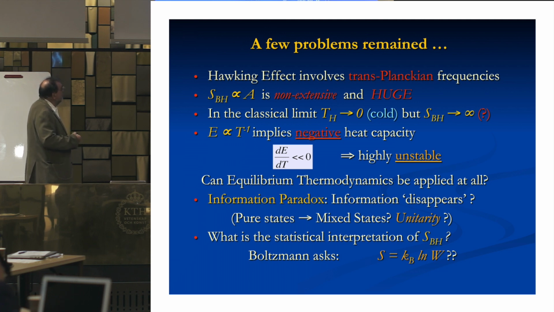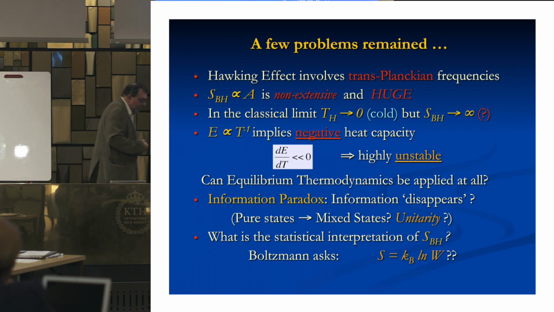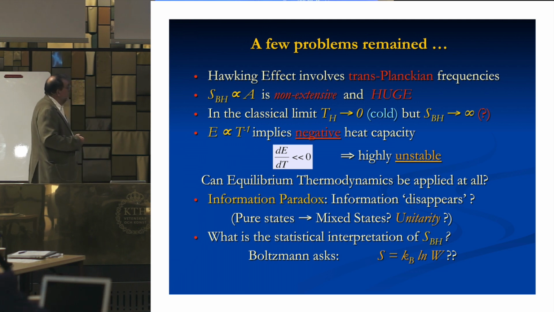As Stephen himself pointed out in the 70s, since the temperature is inversely proportional to the mass, and mass is energy, the energy is inversely proportional to the temperature, and therefore dE/dT is negative. Now, again, if you open up standard thermodynamics books, going back to Einstein himself in fluctuation-dissipation relations, dE/dT is essentially the heat capacity of the system, and for any stable ensemble is just related to the energy fluctuations, (E minus E bar) squared.